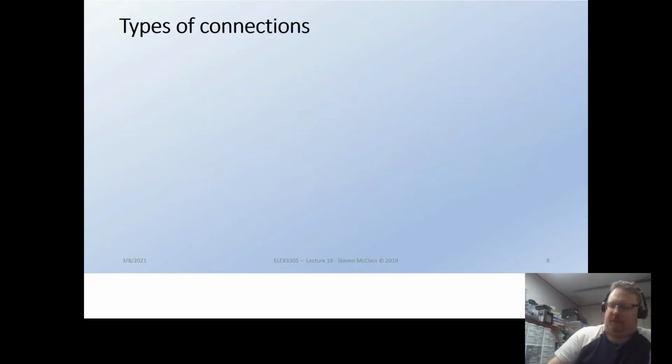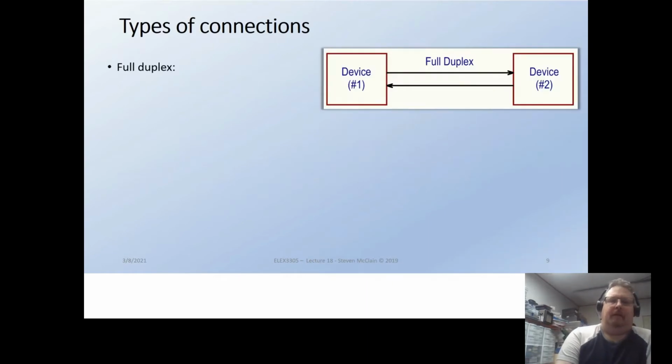So there's a bunch of types of connections that you can have. Okay, a full duplex is like, you're golden. It's great. In a full duplex one, each device has a transmitter and a receiver, and it's point to point.